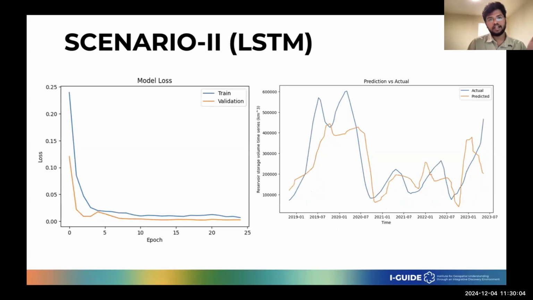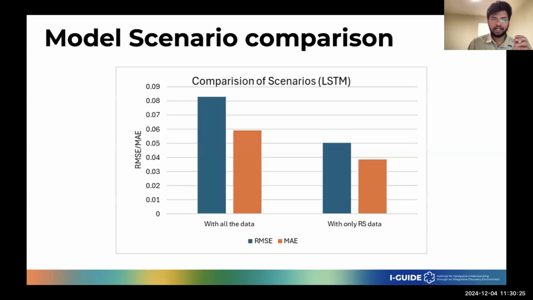In our scenario 2 for LSTM models with only the remote sensing data set, we also see a similar pattern, where there is a lagged prediction compared to the actual reservoir storage time series from LSTM in our scenario 2. And these are our RMSE and mean absolute error values, which are higher than what we see from the random forest model.